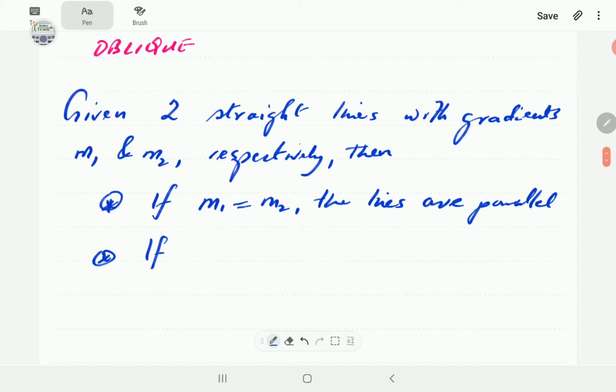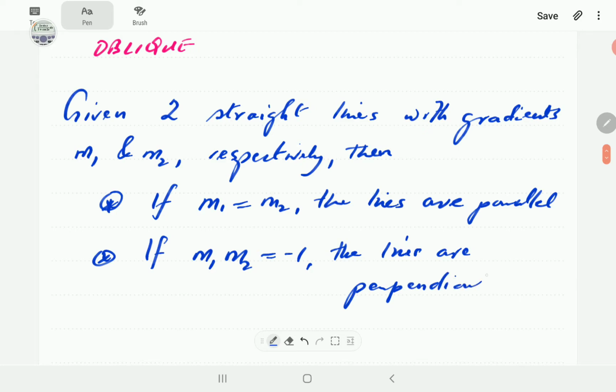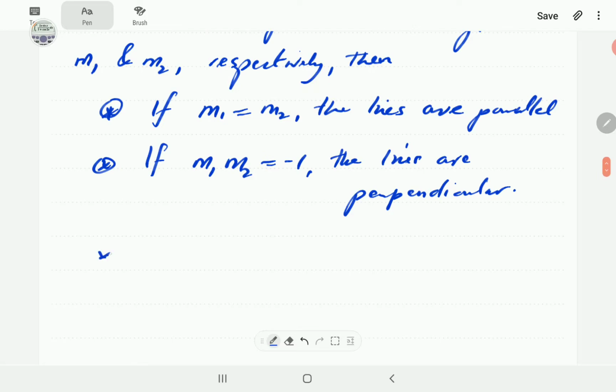In the other possibility, if m1 times m2 is -1, then the lines are perpendicular, which means they intersect at an angle of 90 degrees, a right angle.